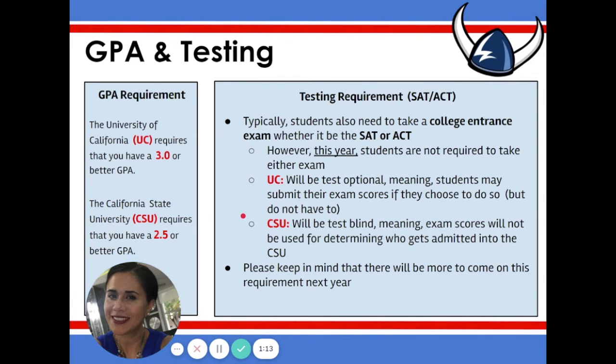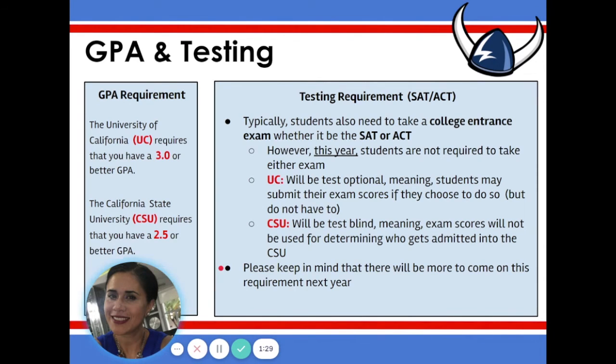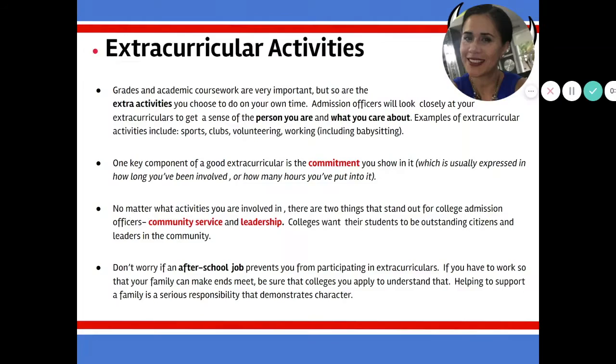The California State University will be test blind, meaning exam scores will not be used for determining who gets admitted into the CSU. Please keep in mind that there will be more to come on this requirement next year.